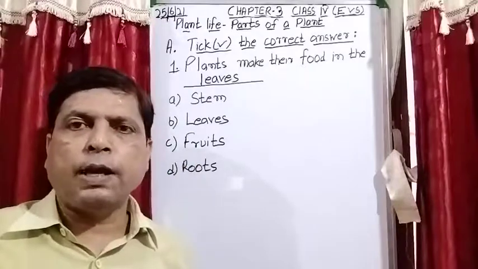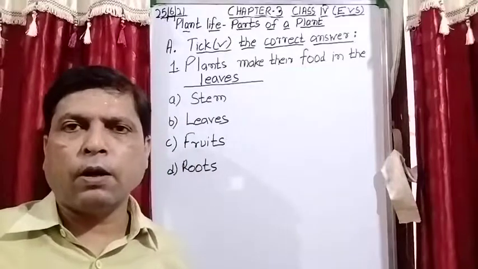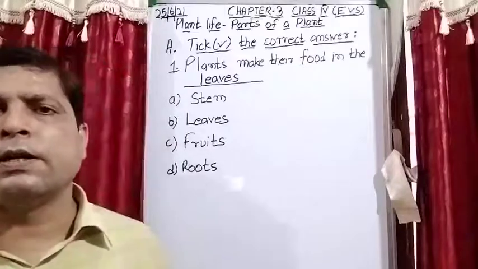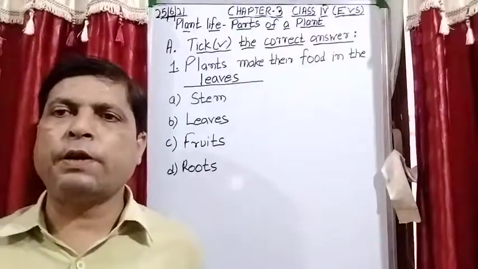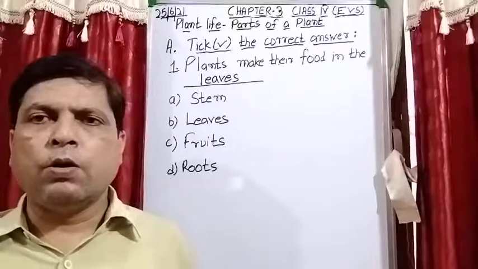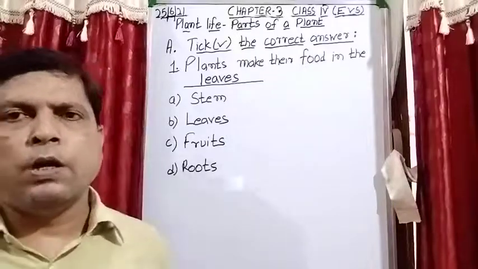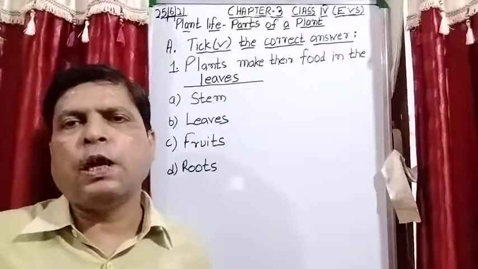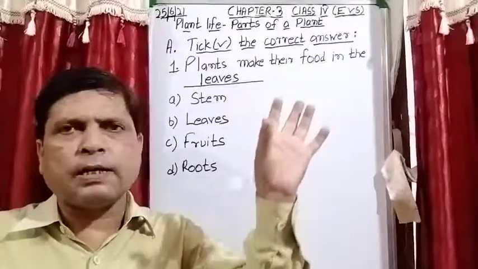As we know, the color of the leaves is green due to the presence of a green pigment known as chlorophyll. What is the role of chlorophyll? Chlorophyll absorbs the sunlight.